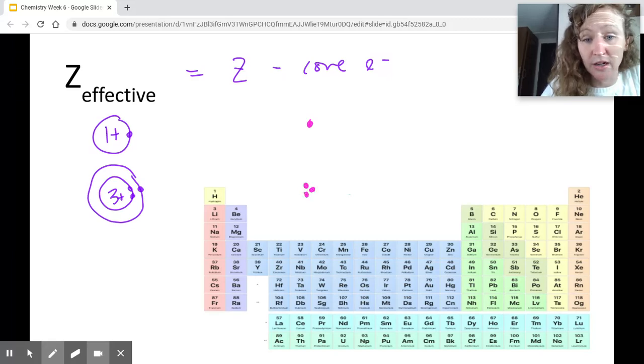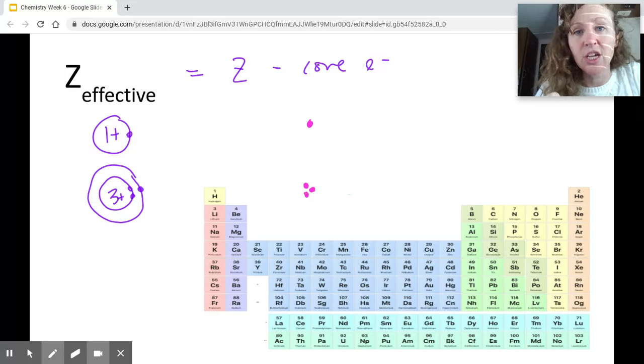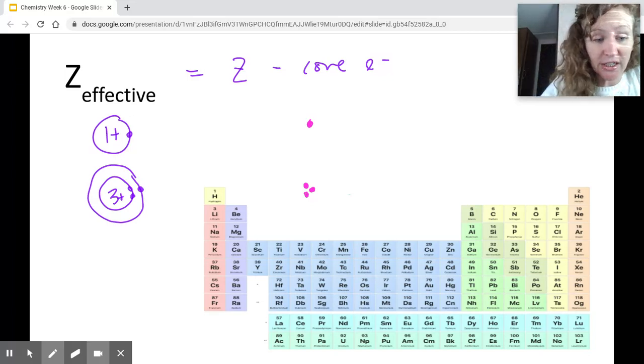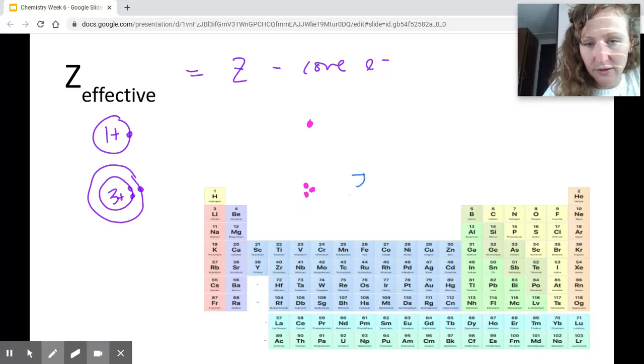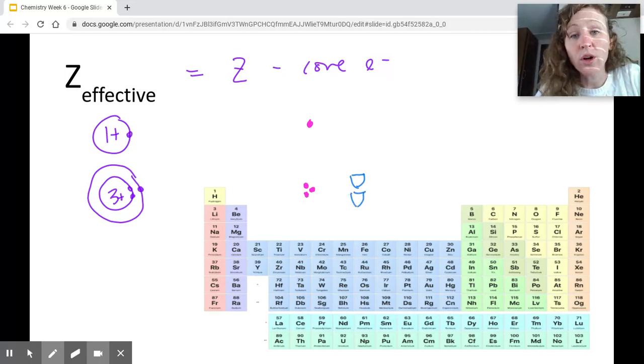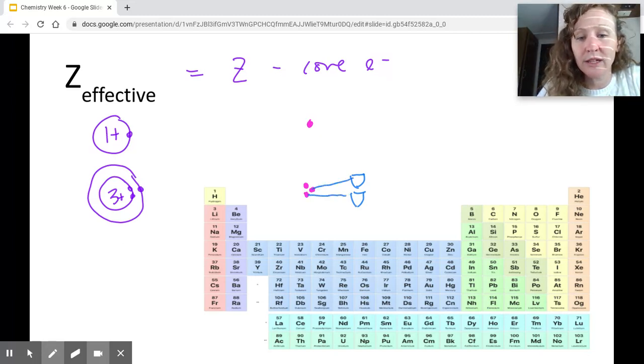So greater number of protons in the nucleus, greater attraction, until you see that we have these little shields. Those core electrons act as little shields. Each core electron can shield 1 proton.